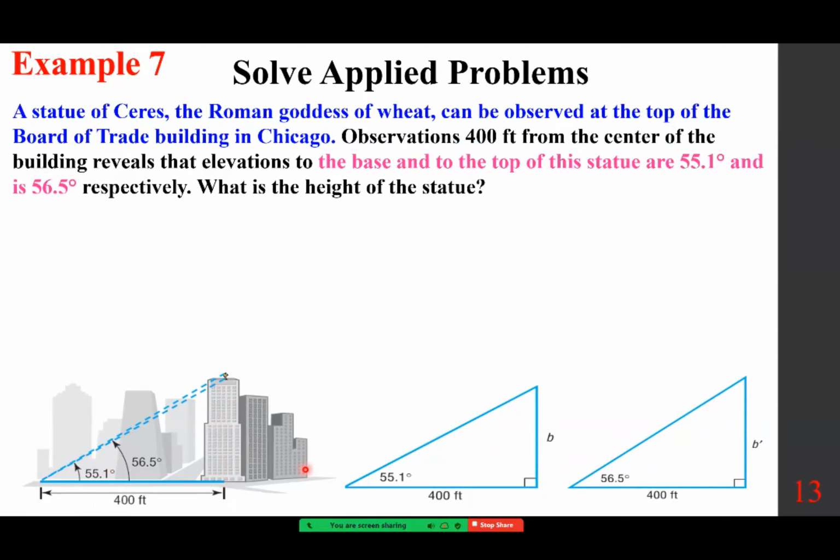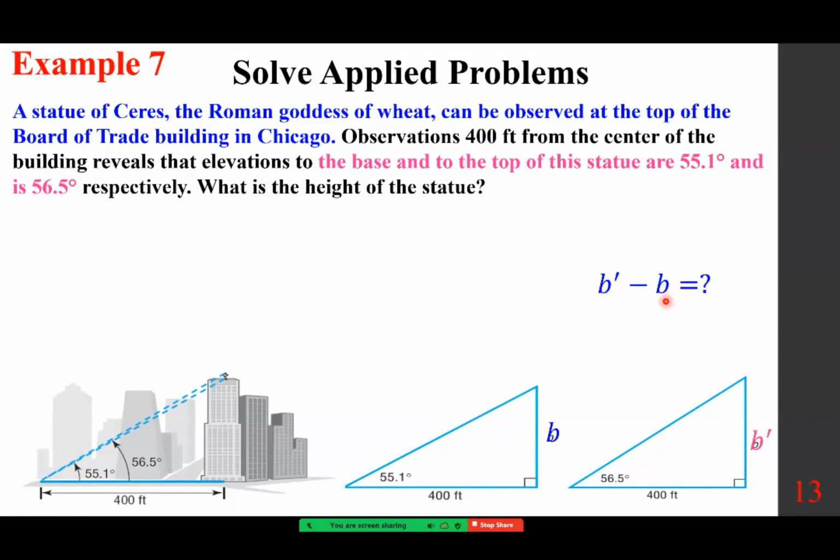And the distance from here to here has been calculated as 400 feet. So we can use tan of 55.1 degrees as B over 400, calculate the B, tan of 56.5 degrees as B prime over 400. And what are we looking for? We are looking for B prime minus B. What is the height of the statue? What is the height of this piece at top?